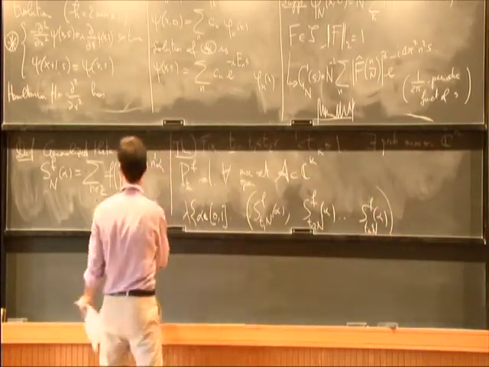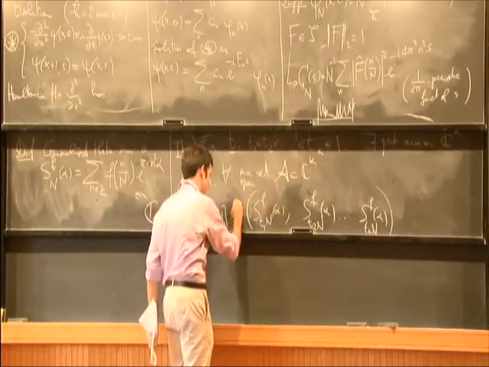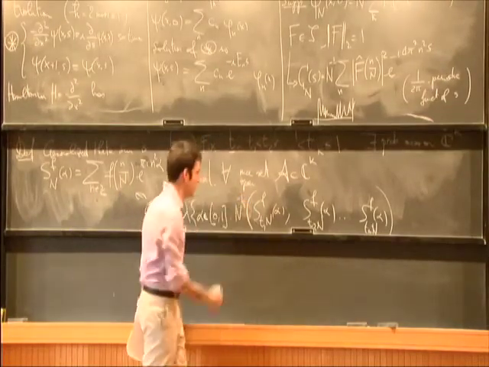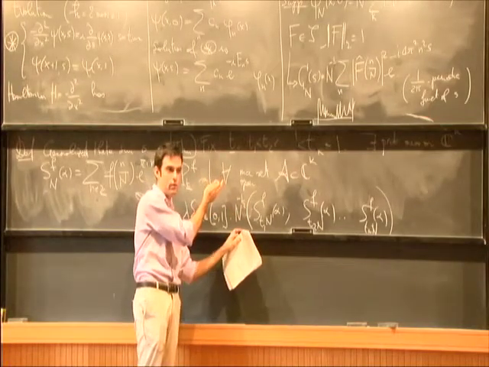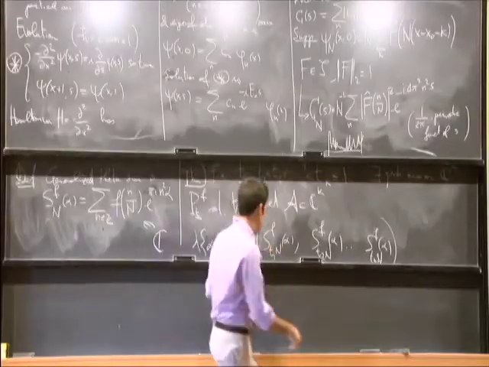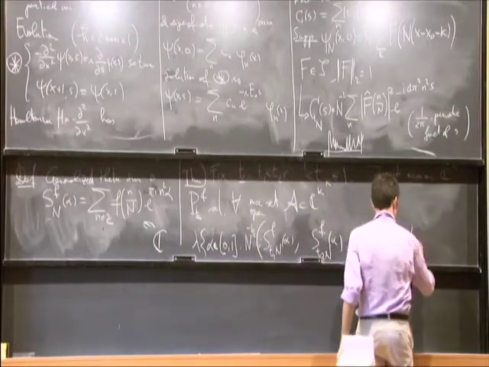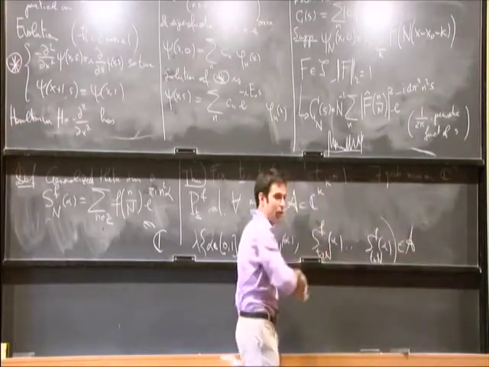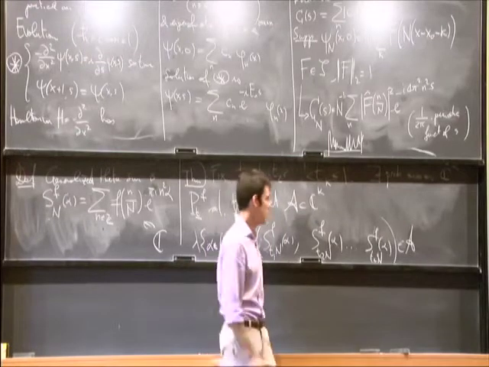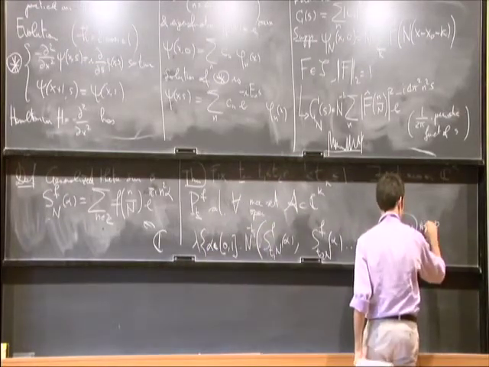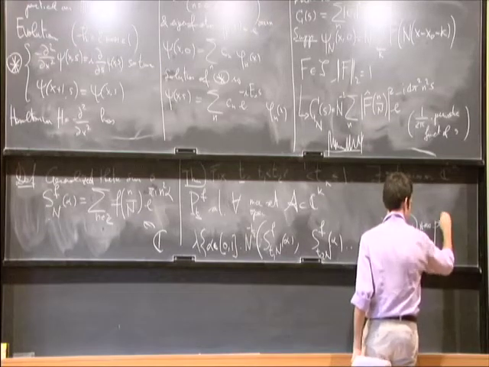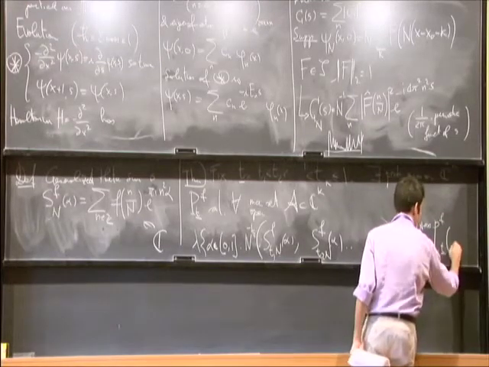I rescale it properly, and properly in this case means n to the minus a half. You have to think of this square root of n as like the central limit theorem. This is a sum. So if I rescale it properly and I ask, what's the probability that this k-tuple hits this given set in C to the k? This limit exists when n goes to infinity, and it's precisely P_{t,f}(A).